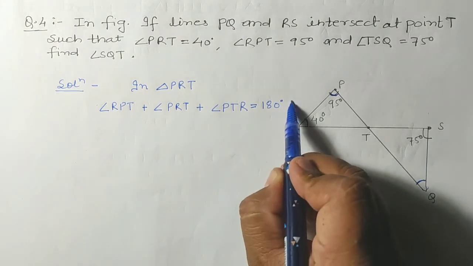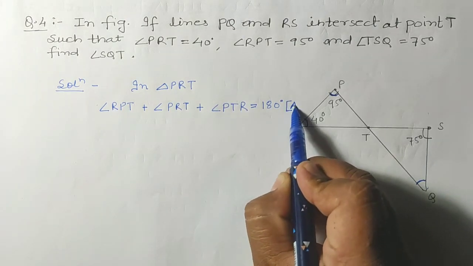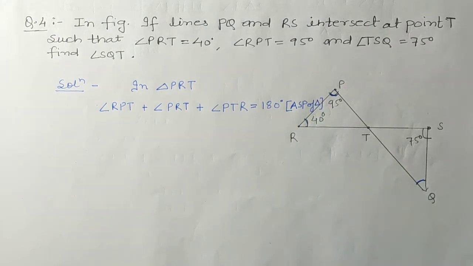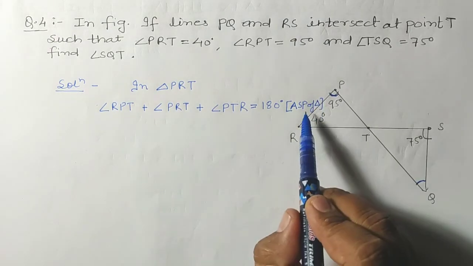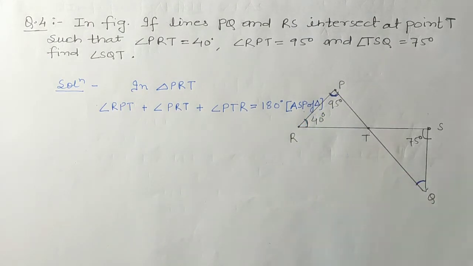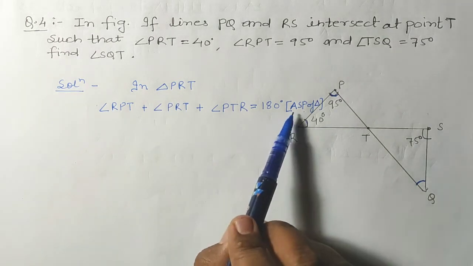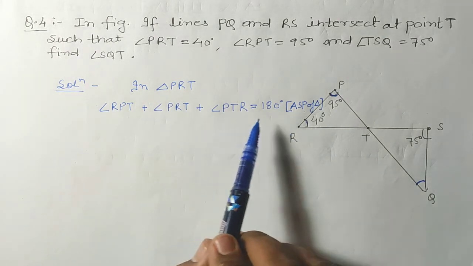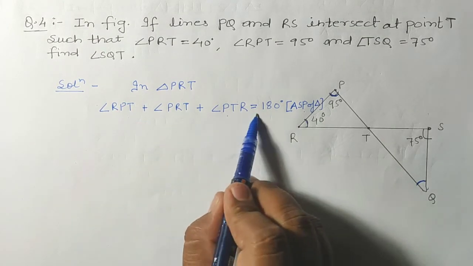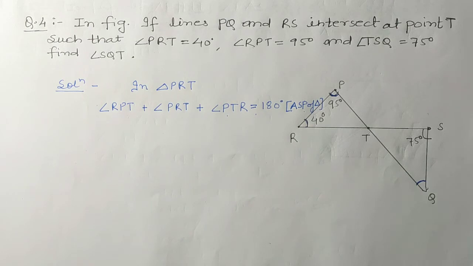What is the reason behind it? The reason is the angle sum property of triangle. We studied that the sum of all angles of a triangle is 180 degree. So angle RPT plus PRT plus PTR should be equal to 180 degree.